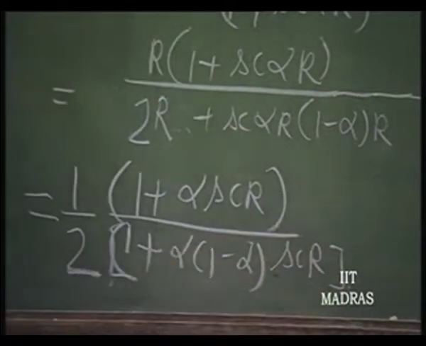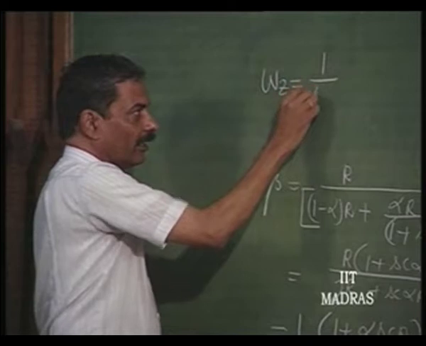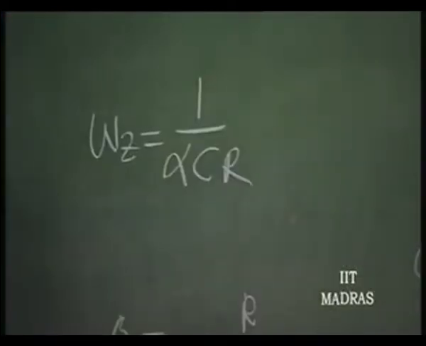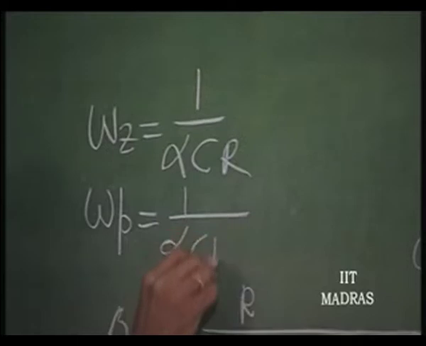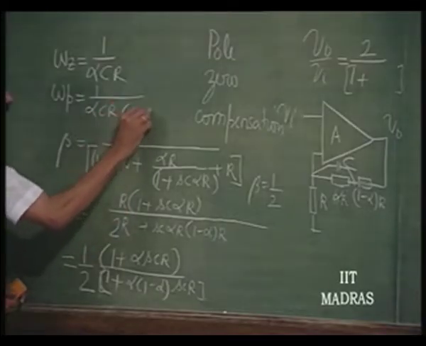So, as far as this is concerned, we have the 0 located omega z at 1 over alpha CR, and a new pole located at 1 over alpha CR, which is 0, okay, into 1 minus alpha.